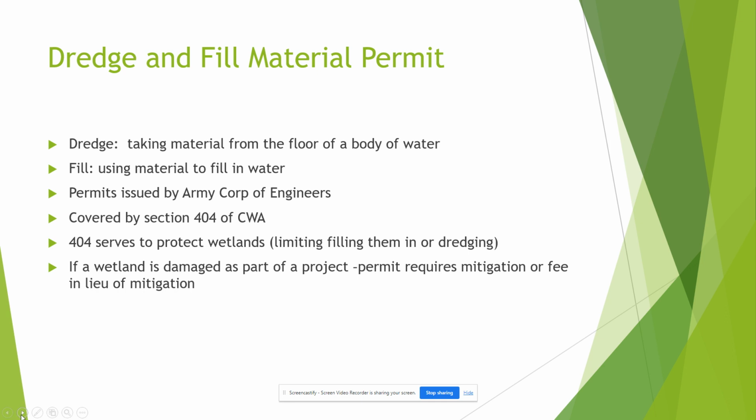If the wetland is damaged somehow as a part of a project, the permit holder would either have to mitigate that, like undo whatever they did, or pay a fee in lieu of mitigation that goes to the protection of wetlands.